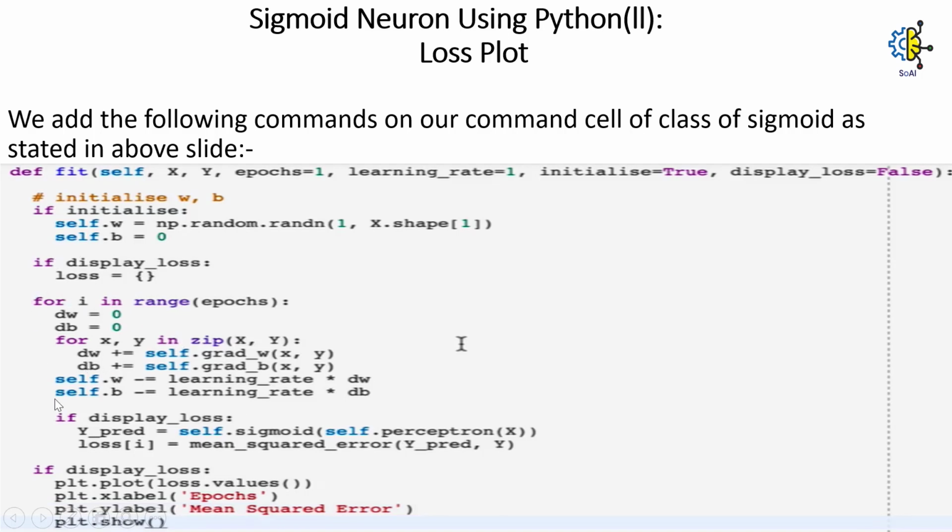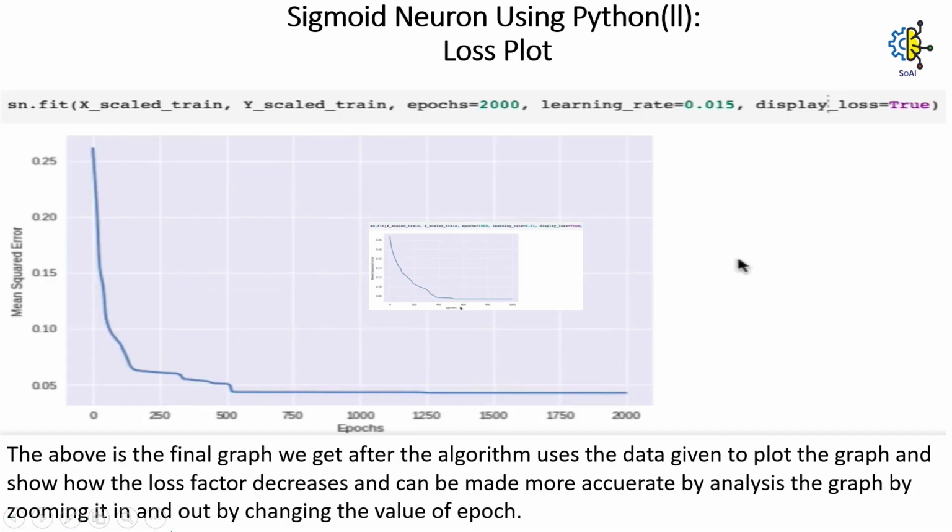When this is complete, the for loop is iterated, and after that there is another statement: if display_loss, plt.plot function with loss.values function, and the next line plt.xlabel function with epochs, plt.ylabel as mean squared error, and after that we plot the graph with plt.show function.